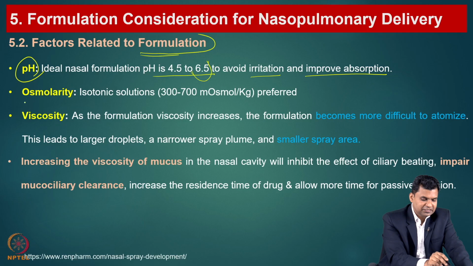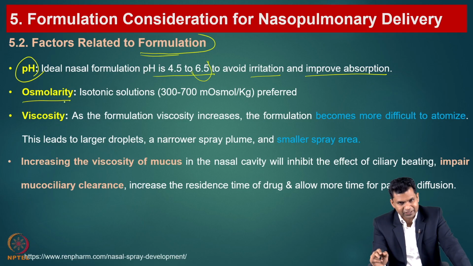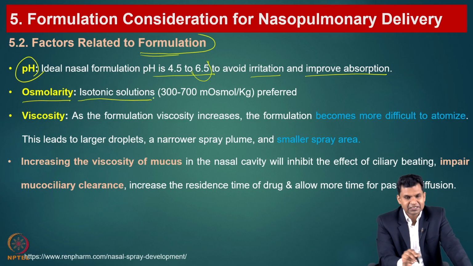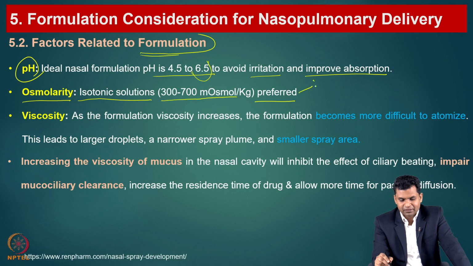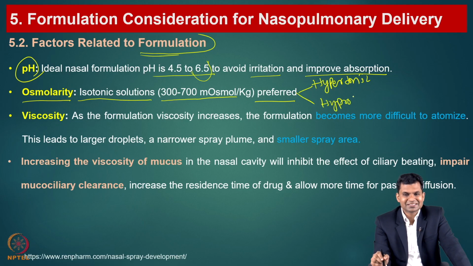And the second point is osmolarity, which is very important for maintaining isotonicity. It needs to be 300 to 700 milliosmolarity per kg. That is preferable. If you use hypertonic or hypotonic solutions, that leads to damage of the cells.